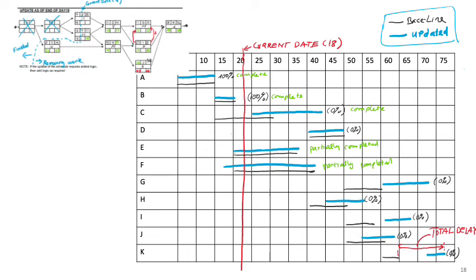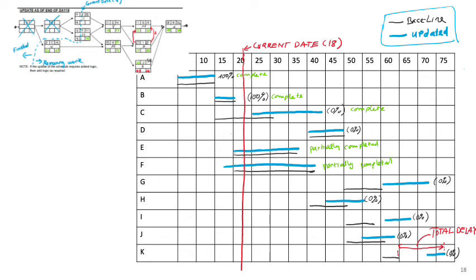So from here you can see visually how the activities have to be moved because of what happened in the past. So you can see here, like A, B, no change. Activity C has to be pushed back a little bit. Activity G has to be delayed for a lot of days.